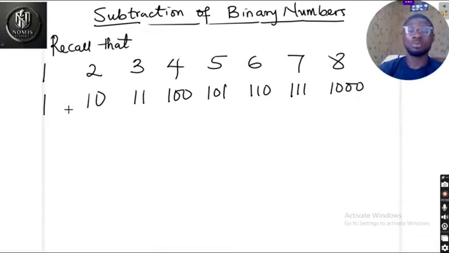So let's take some examples to see how subtraction of binary numbers works with the digits of binary numbers, without 2, 3, 4, 5, 6, 7, 8, and other numbers apart from 1 and 0. So let's take example number 1.